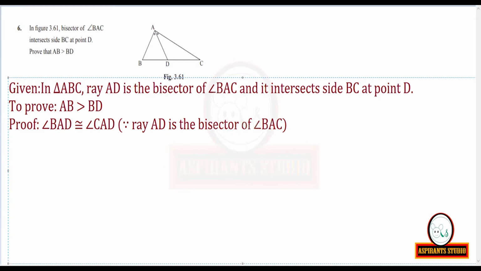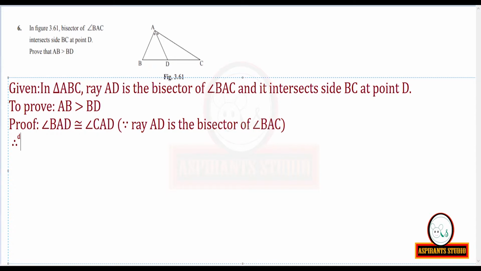Take it to be the first equation. This is the first equation.